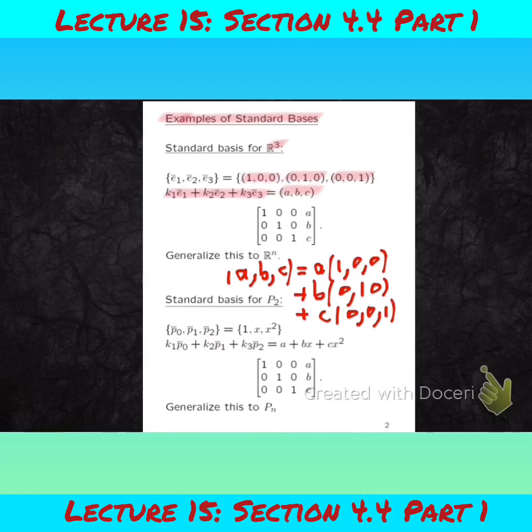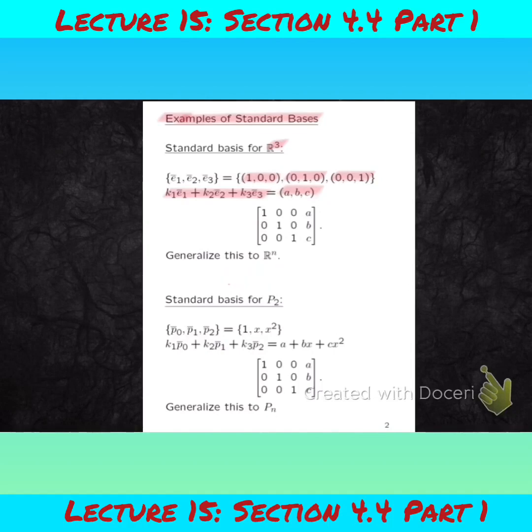And you can clearly see that (a, b, c) is a linear combination of the vectors (1, 0, 0), (0, 1, 0), and (0, 0, 1).